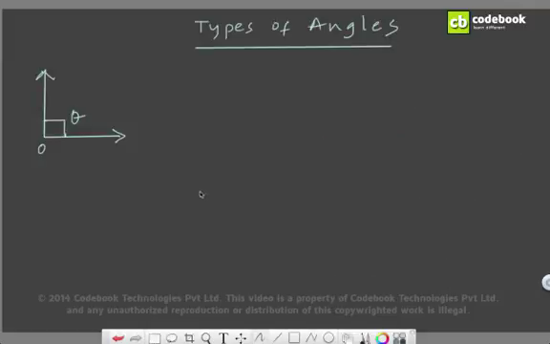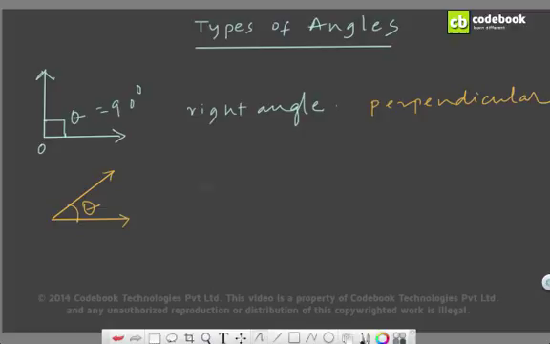Next we'll learn about different types of angles. If the angle between the two rays, theta, is equal to 90 degrees as seen here, we call that angle a right angle, and these two rays are said to be perpendicular. Whereas if theta is less than 90 degrees, we call that an acute angle.